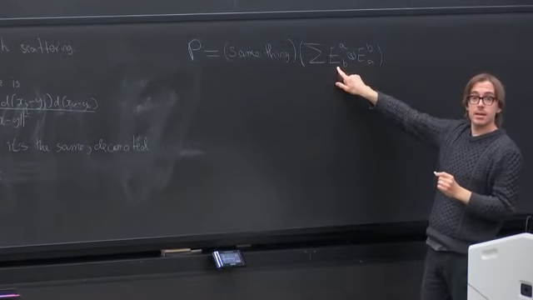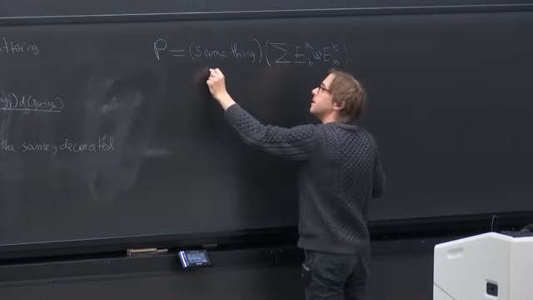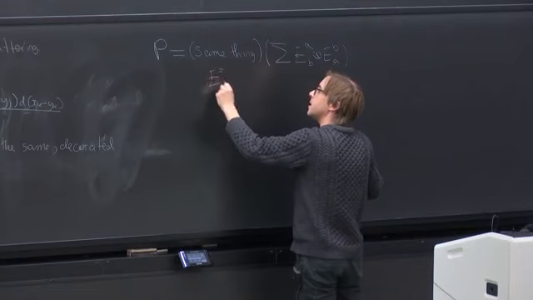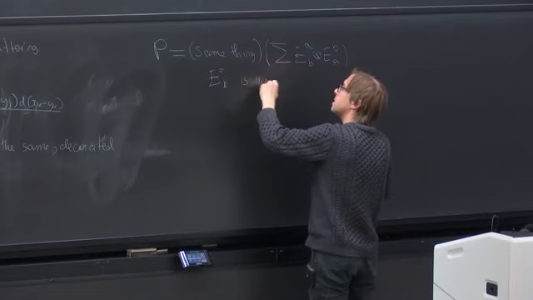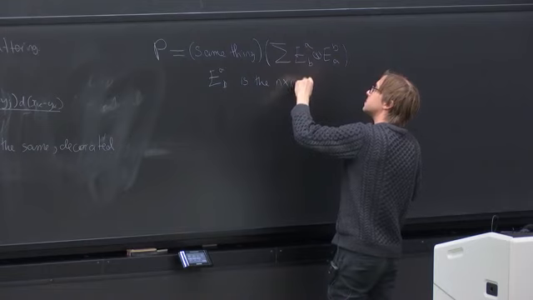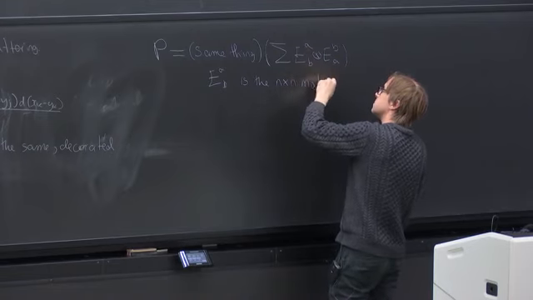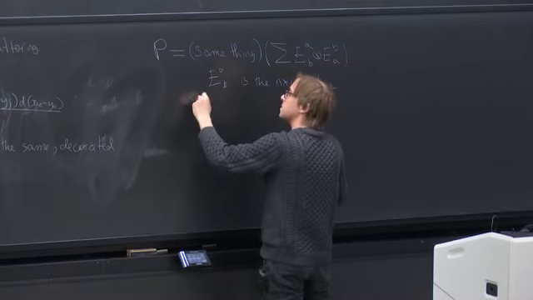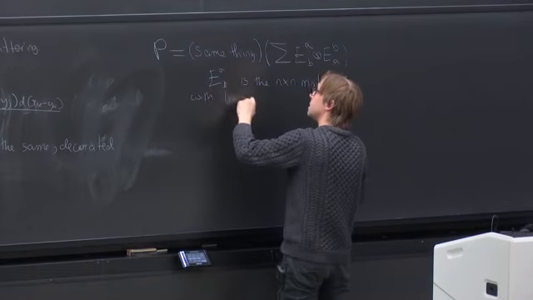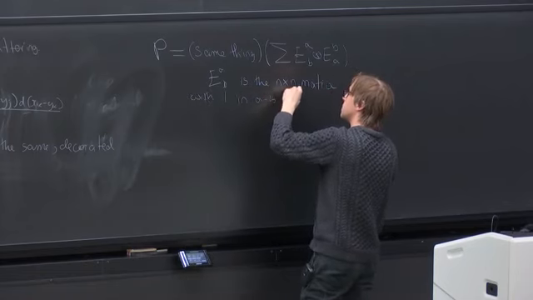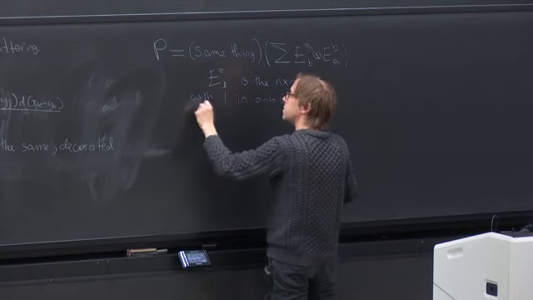So what is E? E_{ab} is the n by n matrix with 1 in the ab entry and 0 elsewhere.